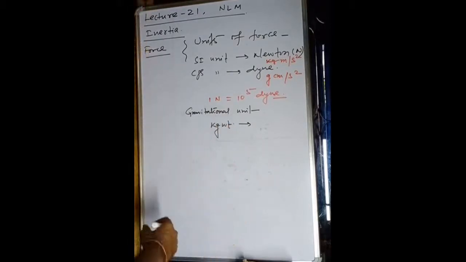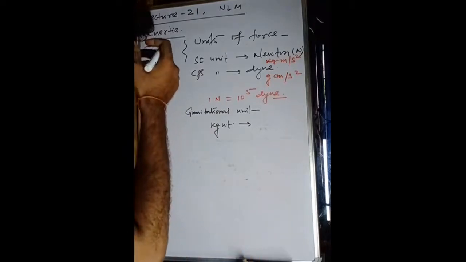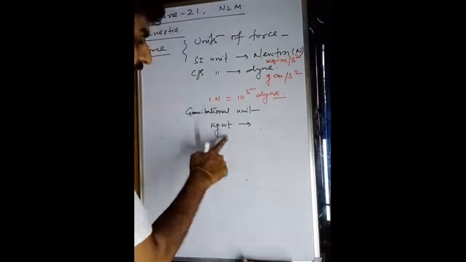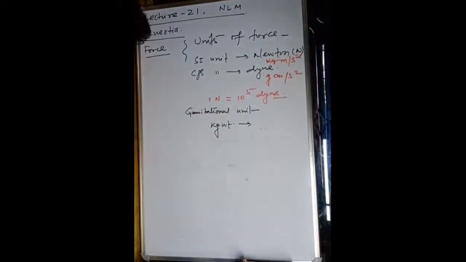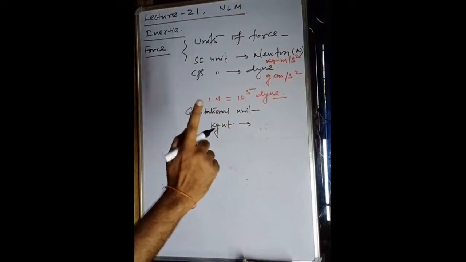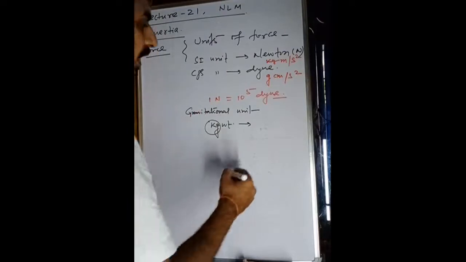You might find a question where it is written that a 5 kg weight force is acting towards this and that. So the kg weight is also very important to understand. It is the force equivalent to the weight of 1 kg of mass. That's why this is called the kg weight.